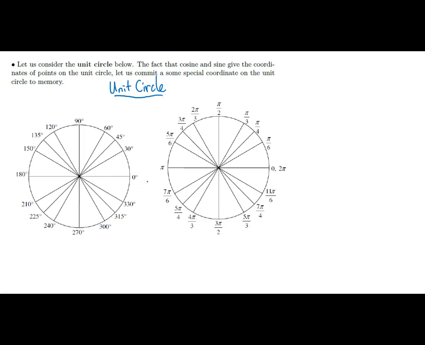Let's start with the easy stuff. If this is the unit circle, then we know the radius is 1. So clearly this point right here at 0 degrees is (1, 0), and this one up here is (0, 1). Let's start with that low-hanging fruit.